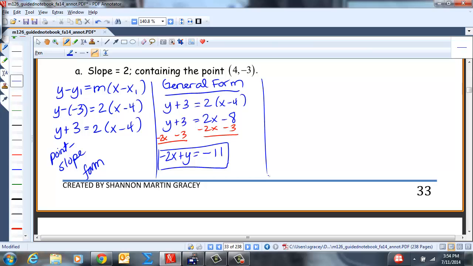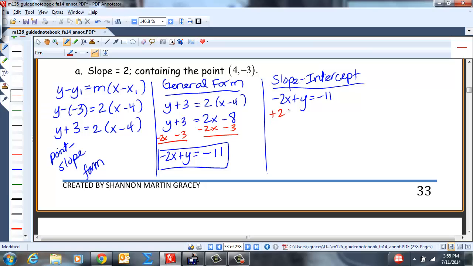So now to get to slope-intercept form, you can start with any part you want, but we might as well use our general form, and then we just need to isolate y.